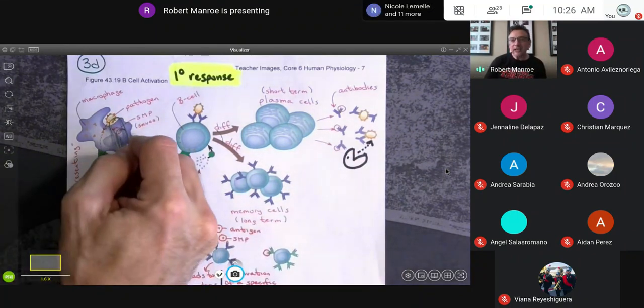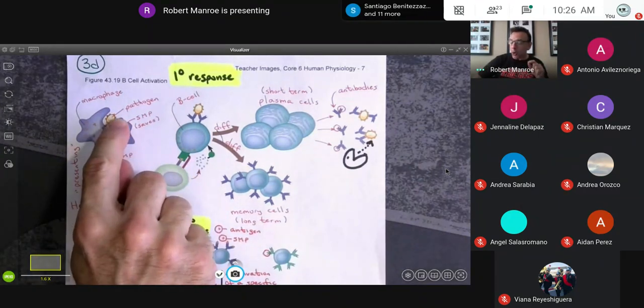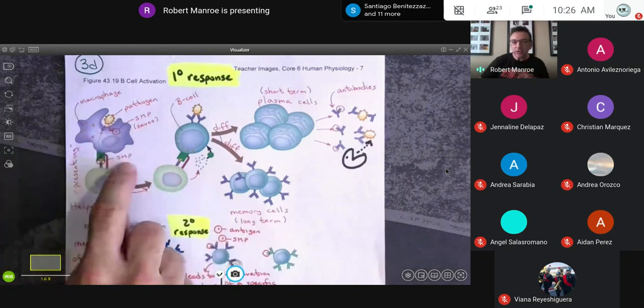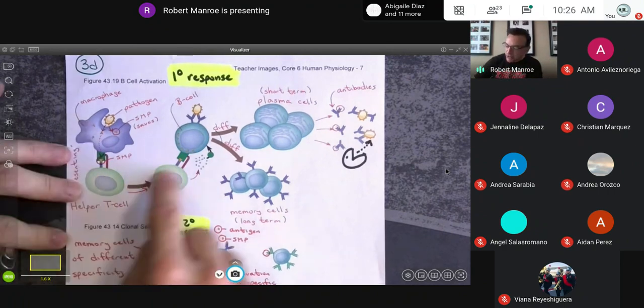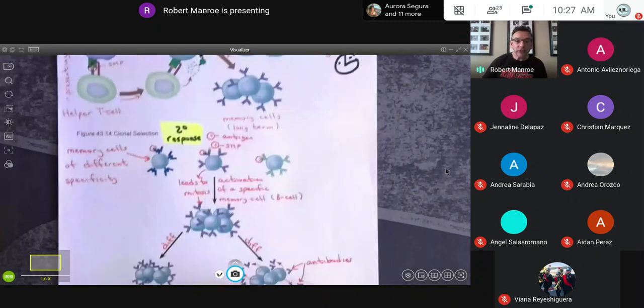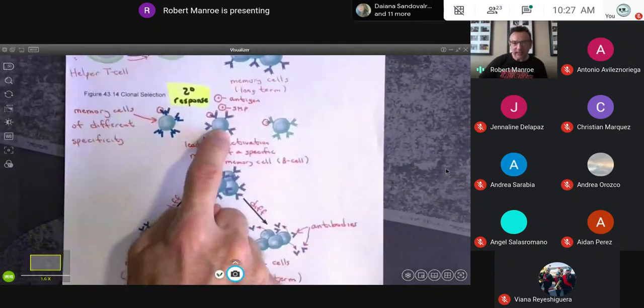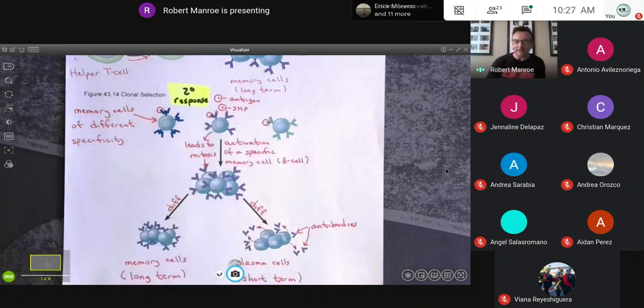Vaccines inject you with either the inactivated form of the pathogen, or they simply inject you with the surface membrane protein. Your immune system then recognizes that and produces antibodies to that infection. So the majority of you formed memory cells based on the exposure you got from the vaccine.